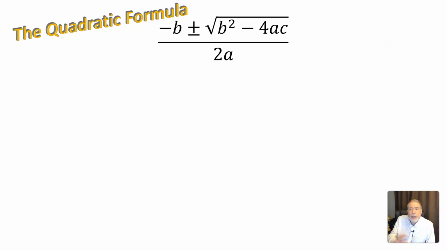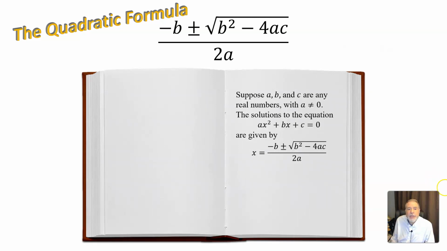If you look in an algebra textbook and look up the quadratic formula, it's probably going to say something like this. Suppose a, b, and c are any real numbers with a not equal to 0. Then the solutions to the equation ax squared plus bx plus c equals 0 are given by x equals negative b plus or minus the square root of b squared minus 4ac all over 2a.